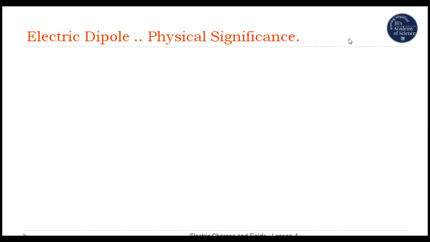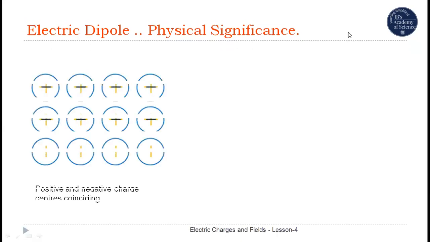Now let us discuss some importance of electric dipoles. We know that all materials are made up of extremely small particles called molecules, and of course these molecules are made up of smaller particles called atoms.